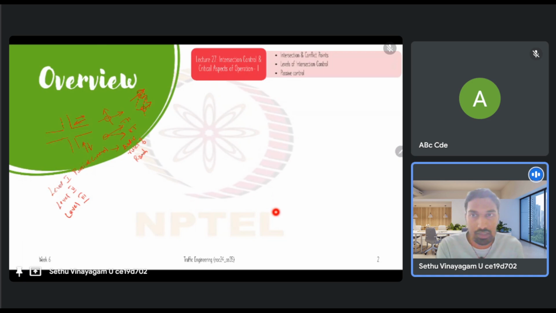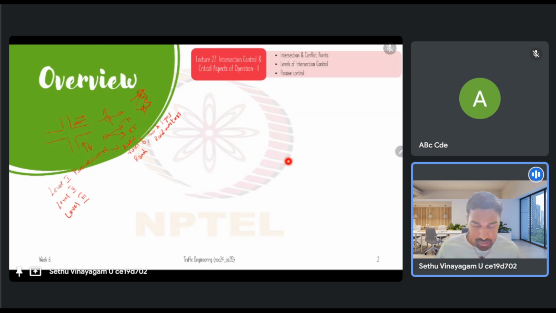These must be followed by the drivers passing through the intersection to avoid conflicts. For this we have different guide signs and road markers. These kinds of markings and signs are used to guide the drivers.